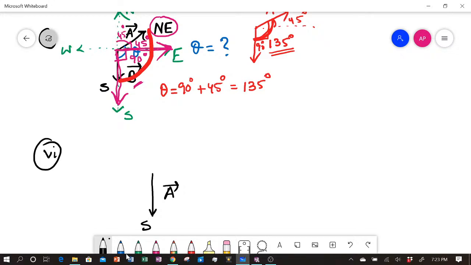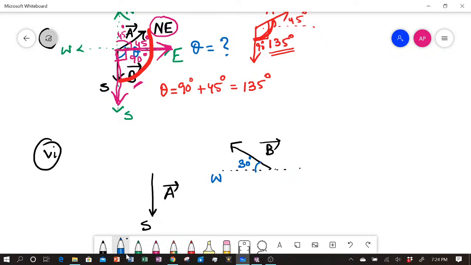And another vector, suppose this is vector B. This is vector B, thirty degree from west, like in the picture.